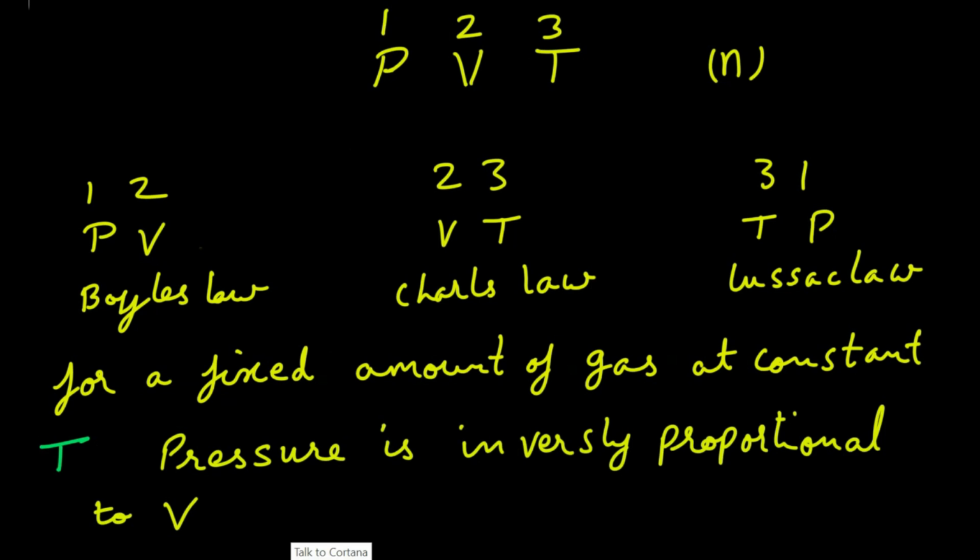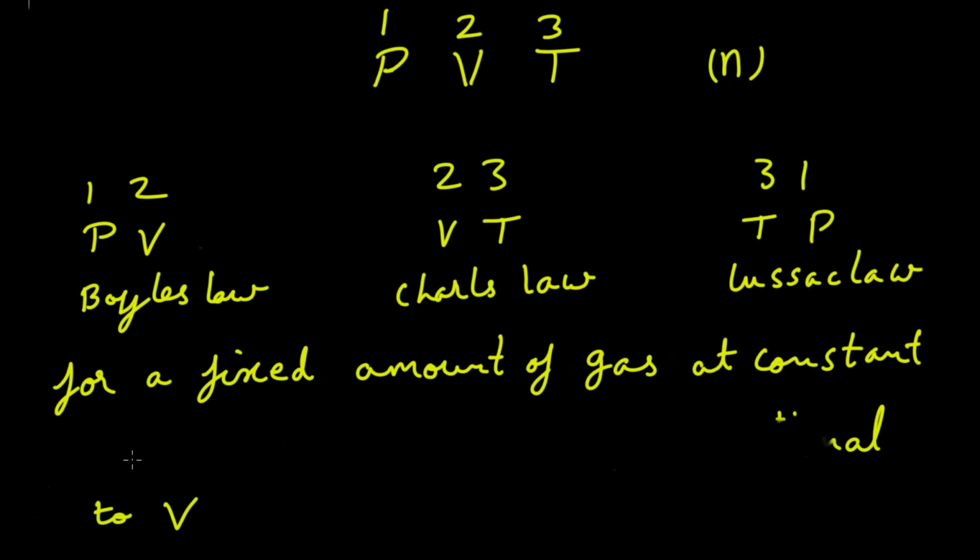Now move to Charles' law. The same statement will take down every single law. For Charles' law, temperature is there, right? The statement will change in the end only, the relation and the constant value. So for Charles' law, what is not there? For Charles' law, pressure is not there.